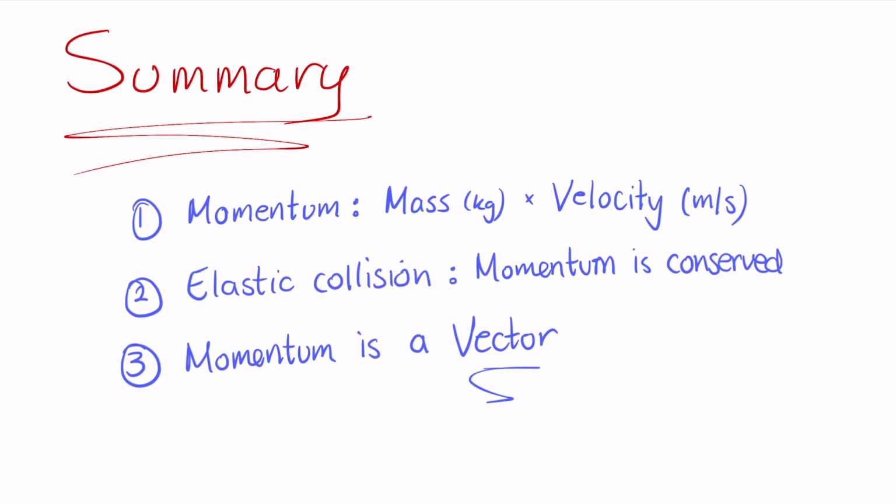Now, the last thing you should know is that in an elastic collision, the initial momentum will always equal the final momentum. And in an inelastic collision, momentum is not conserved, therefore it may not equal each other, or it will not equal each other.